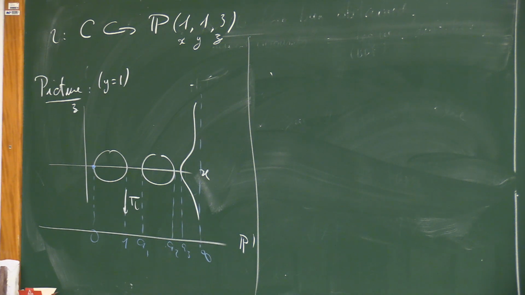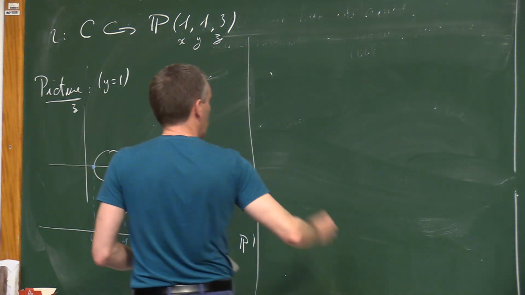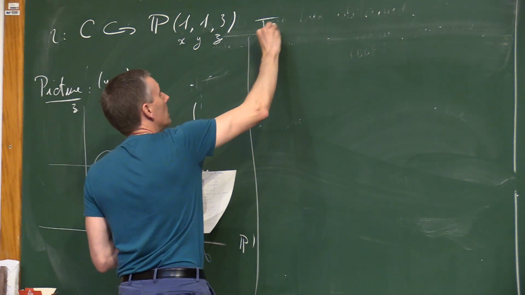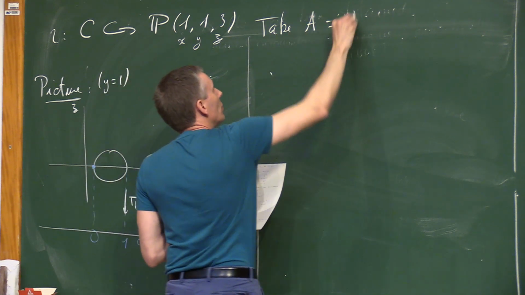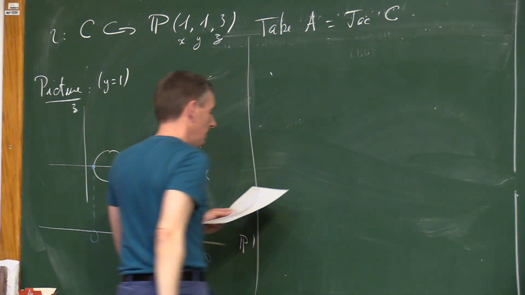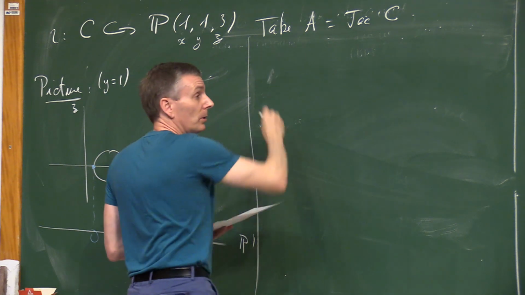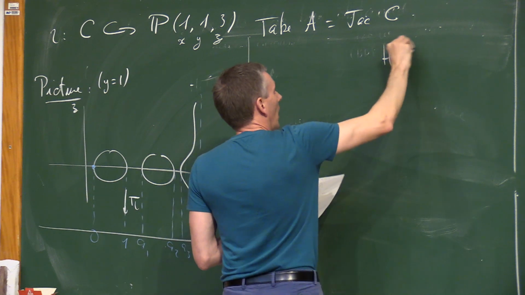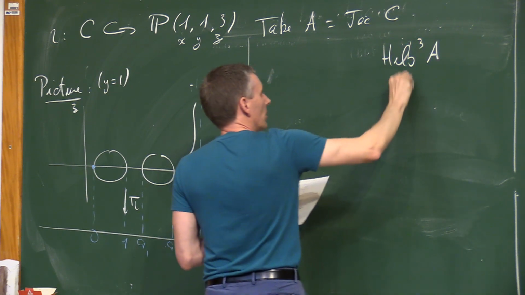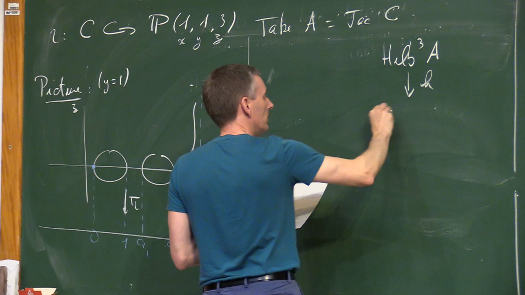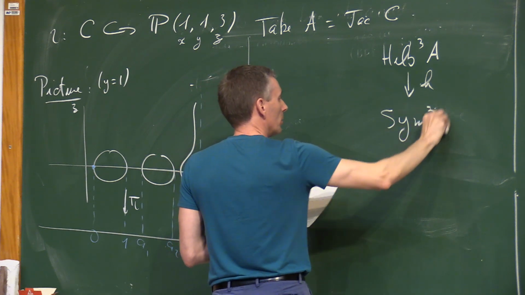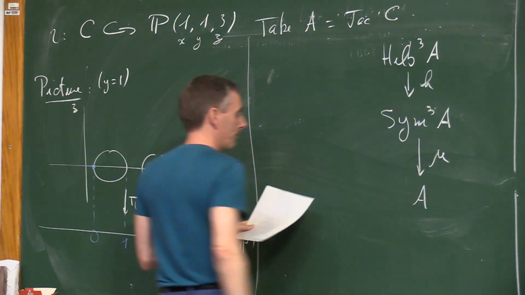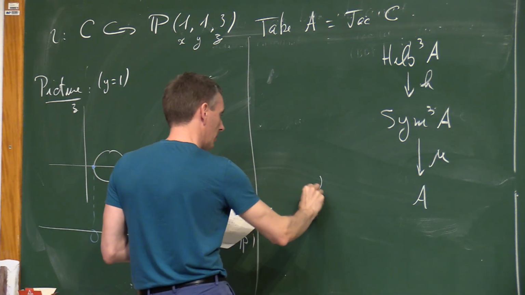Okay, so I want to understand the Kummer fourfold associated to this curve, so I take A, the Jacobian of C. We call this the situation of the Kummer fourfold. So I am inside the Hilbert scheme of 3 points on A, with the Hilbert-Chow morphism to the symmetric product here, and here's the addition law to A. We take the fiber over 0.